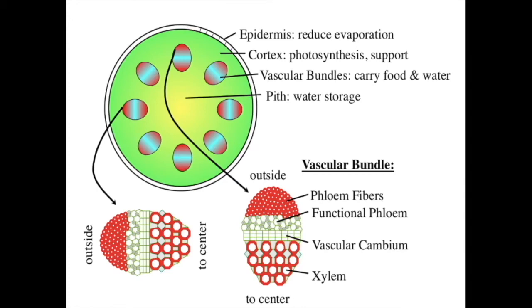Now, the cross-section of this non-woody plant has the epidermis, which reduces evaporation. On the outside of the epidermis, we said, is the cuticle. Then we have the cortex. The cortex is a large majority of the outside of the non-woody plant between the vascular tissues.